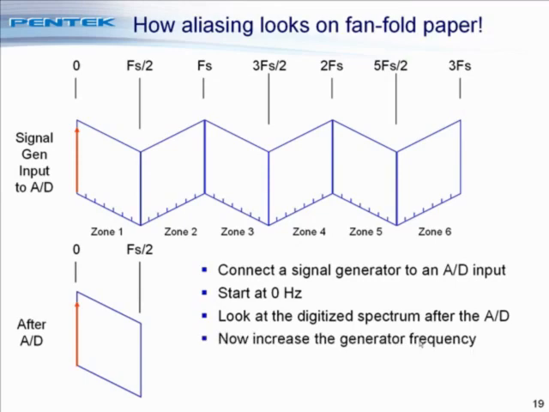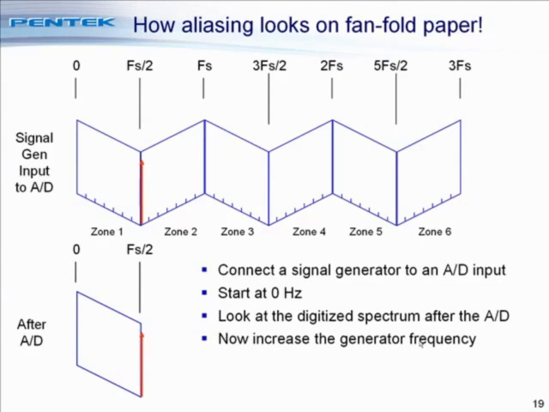Now we're going to start turning the knob on the frequency generator and increase the frequency from 0, and first we're going to increase it up to fs over 2. Notice that in that first page, after the A to D, the signal moves also from 0 to fs over 2.